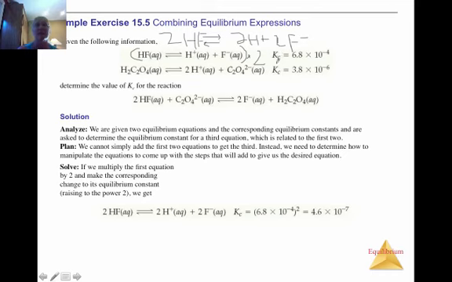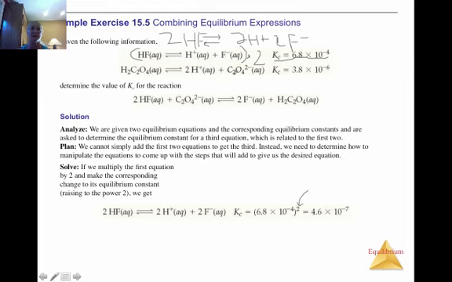So that means for this expression right here, anytime you double an equation, like you have to because I have to have 2 HFs here, then I'm going to take that equilibrium constant, as you see down here, and I'm going to square it. And I could write it up here, but I'm not going to do that right now. Now the second expression, it looks okay. Here's an oxalic acid, and there's one, and the amounts match up.